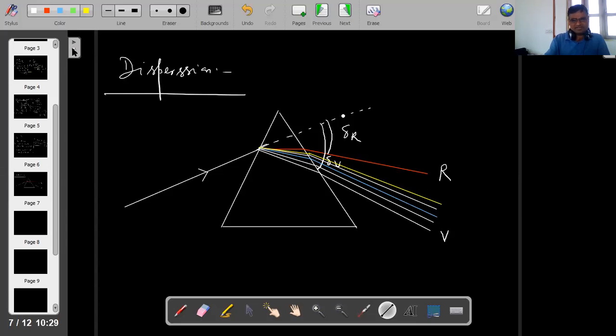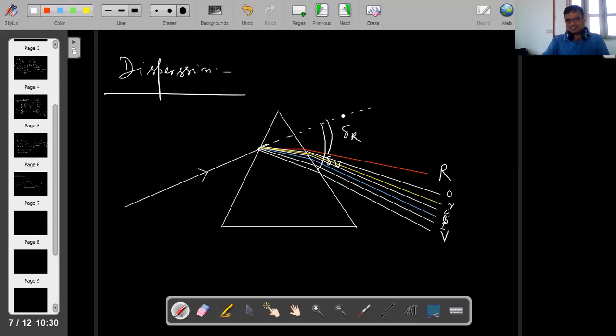VIBGYO, and O is the orange color. You're going to get orange color. Understand this? VIBGYOR. This is the splitting of white light into its constituent colors.